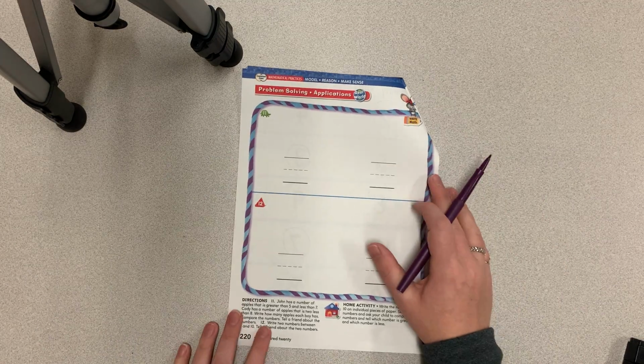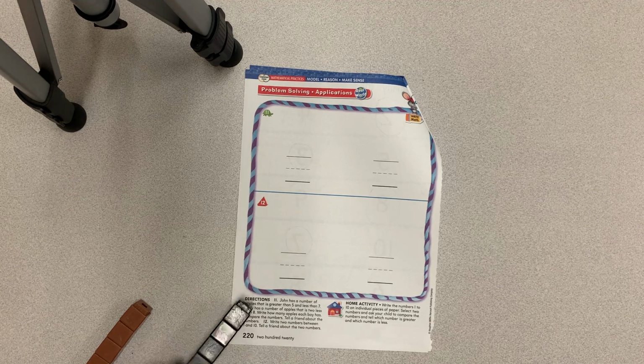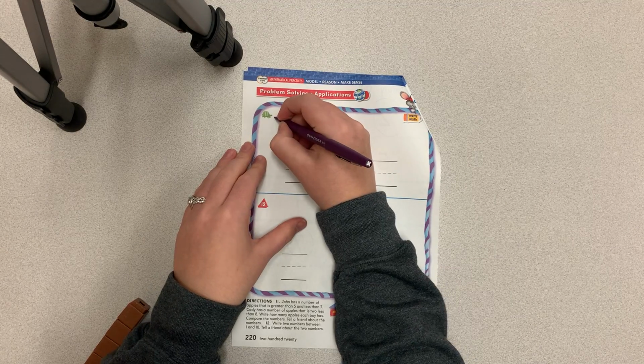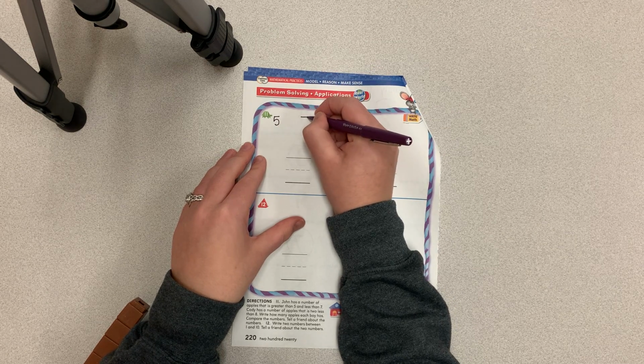Number 11 says, John has a number of apples that is greater than 5 and less than 7. Cody has a number of apples that is 2 less than 8. So let's focus on one at a time. John has a number of apples that is greater than 5 and less than 7. So it's not 5 and it's not 7.